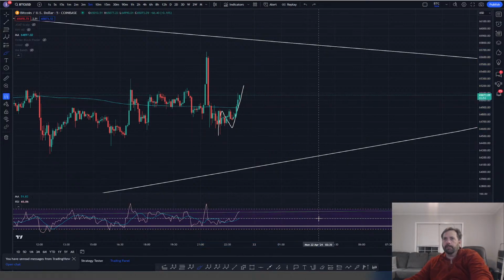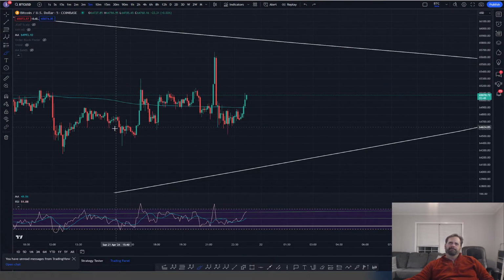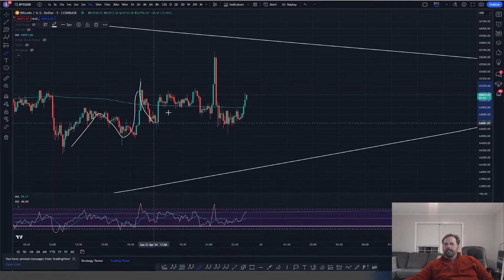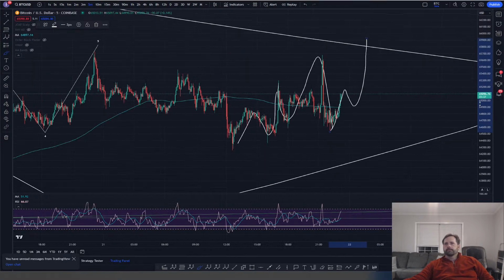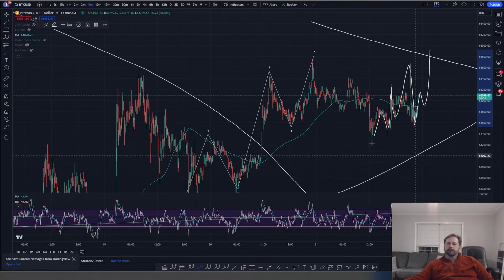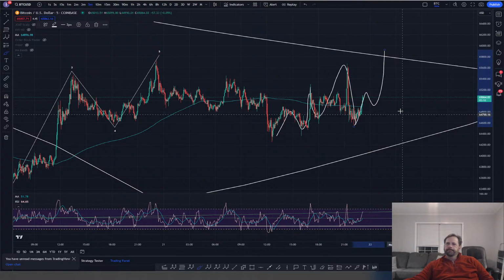But here's the alternate view. We could have some kind of 3, and this is actually 3, and now we're looking for some kind of 3 to go take the high. Yeah. Excuse me.